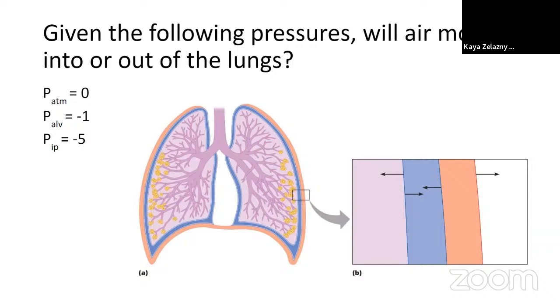I want us to get a bunch of practice so that by the end of the unit, these pressures are easy peasy. Take a look. Given these pressures, you just want to figure out whether air is going to move into the lungs, inspiration, or out of the lungs, expiration.